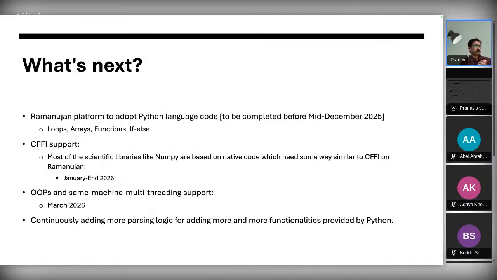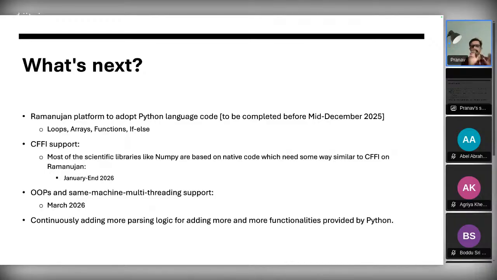Then the next thing which is important to Ramanujan is that it should have something similar to CFFI support, and the reason is that all the libraries for scientific computing have native code internally. For example, NumPy, Pandas, and many such libraries.